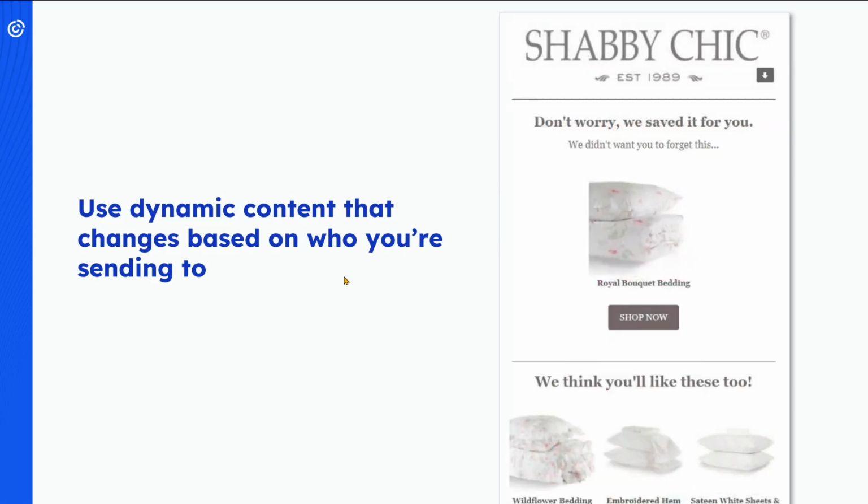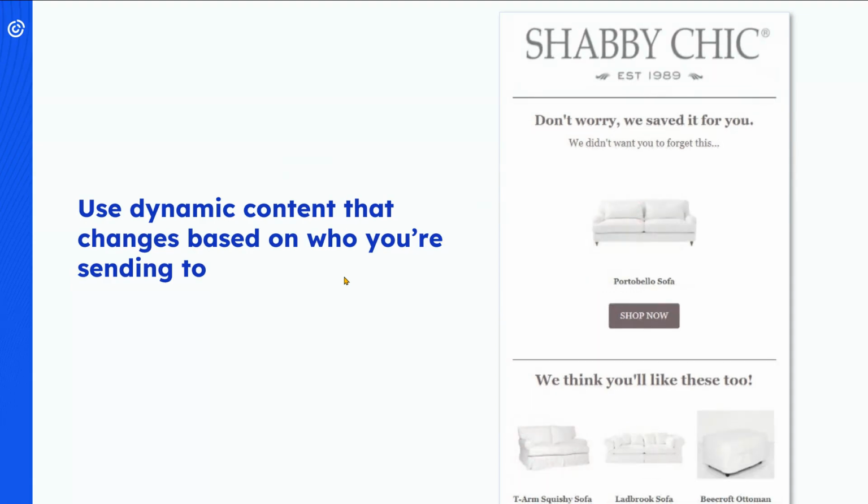Well, if I was shopping for bedding, the recommendations at the bottom would be dynamic and they would show bedding options. If I was shopping for a sofa, again, that area at the bottom would automatically change and it would show sofas because that's what I was shopping for.